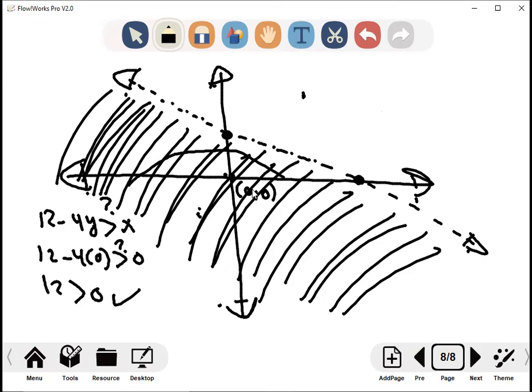But if 0, 0 is not valid, take any point. Take -1 with -1. 1 with 4. Any point. Now if the 0, 0 gives me a true inequality, it means the whole area which contains the 0, 0 is the wanted area. If not, we will take the other area. Got it? Done? Yes.